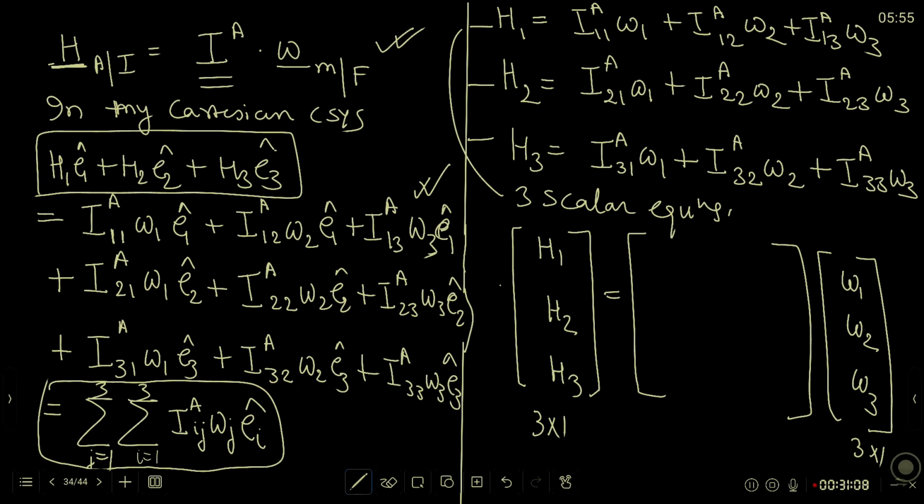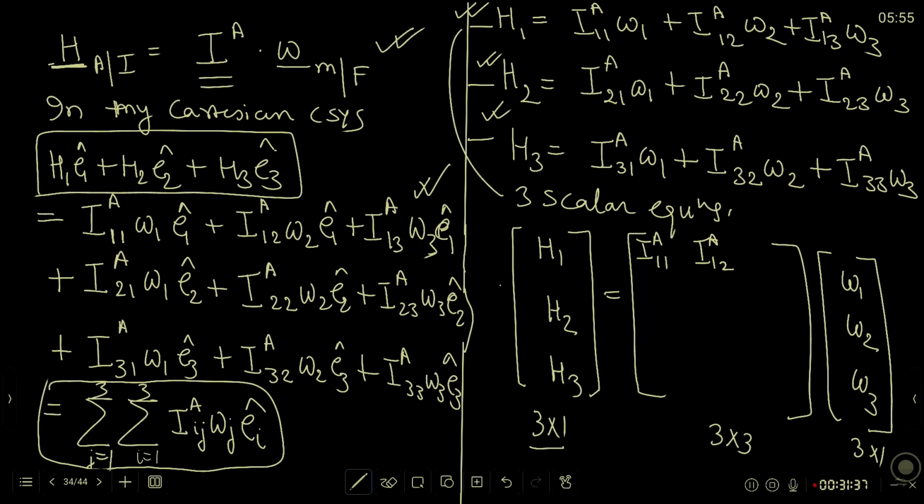And now let's try to fill up the blanks here in this 3 by 3 matrix looking at these three equations. I think the first element here of this matrix should be I_A11. This should be I_A12. This should be I_A13. See this equation? I_A11 omega 1, I_A12 omega 2, right?